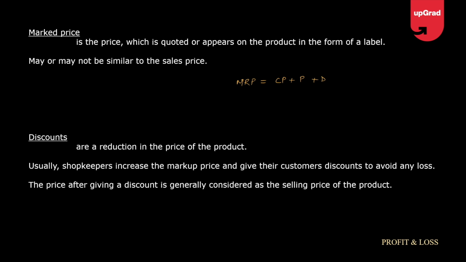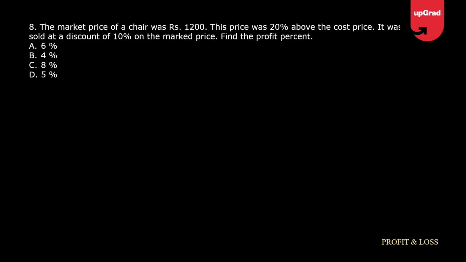If there is no discount, then cost price plus profit becomes equal to selling price. Otherwise, if the discount is not given, the value is called as selling price.